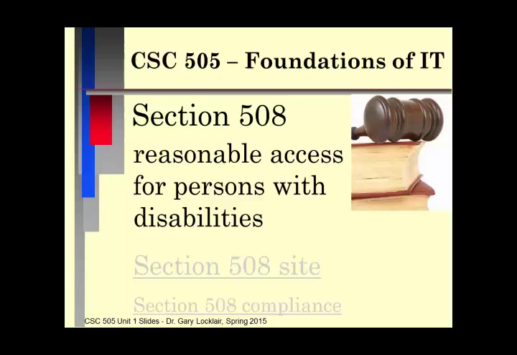You're going to discover many things in the world of IT that really deal more with people than with the technology per se. For example, if you're going to create technology for the United States government, the technology that you create by public statute must have reasonable accommodations for persons with disability.